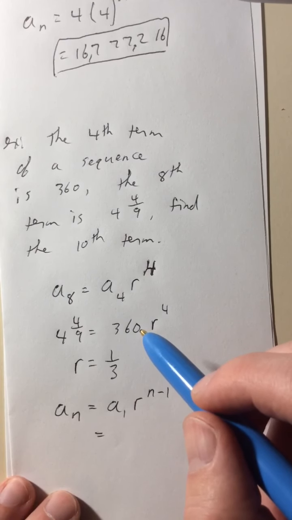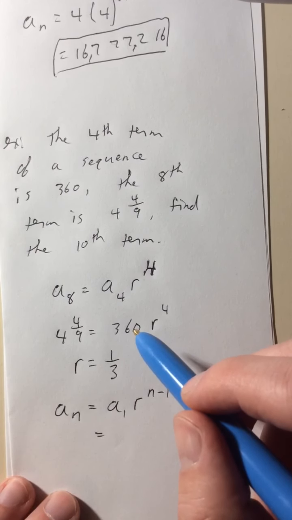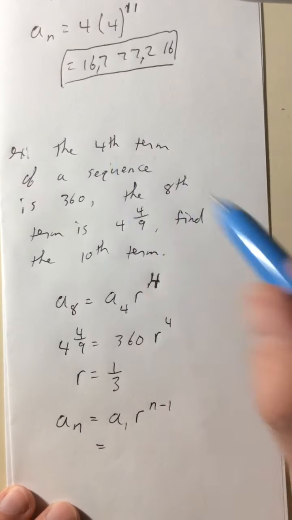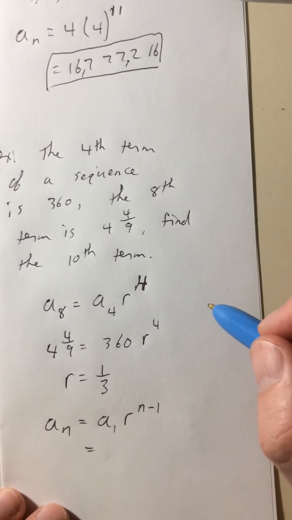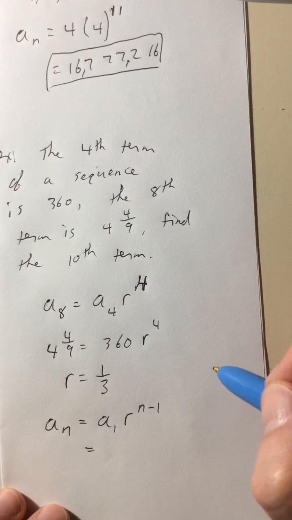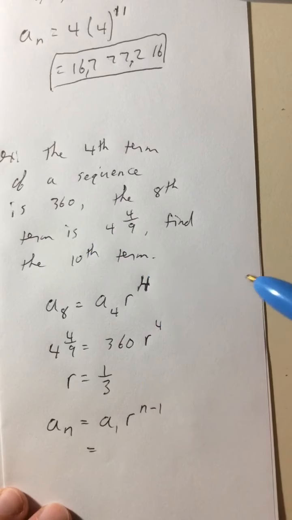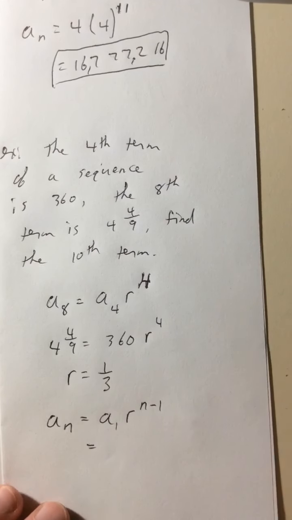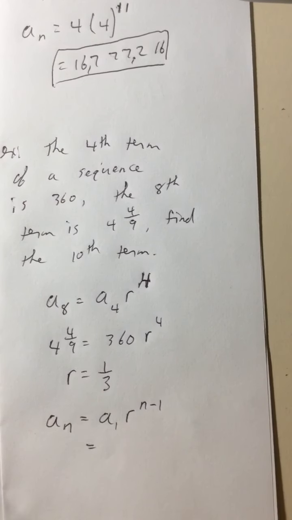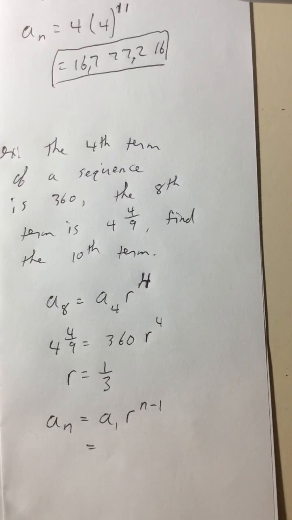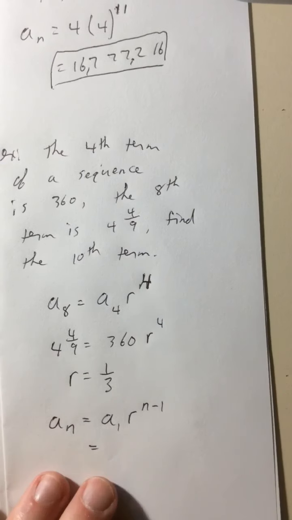In order to get the previous term from 360, because 360 is the fourth term, we need the third, second, and first term. So all we need to do is just keep multiplying by 3. So 360 times 3 will be the third term, and that is 1080.